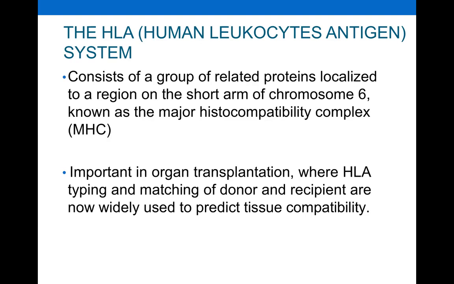Now, worldwide, what do you think are the most commonly transplanted organs? According to the CDC or the Center for Disease Control in the US, the most commonly transplanted organs are the kidneys, the liver, the heart, the lungs, the pancreas, and the intestines.